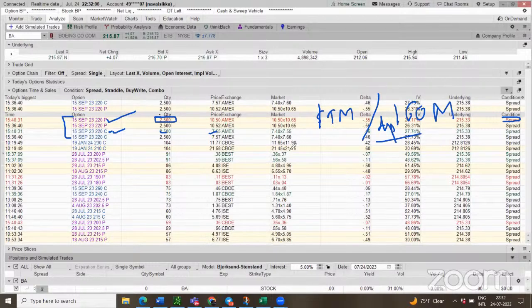So anybody who does not have any option flow service can take into consideration Think or Swim. It provides all the information you are looking for. Again, blue color calls, purple color puts, then the quantity, green color aggressively bought at ask, red color aggressively sold at bid, black on the mid price.